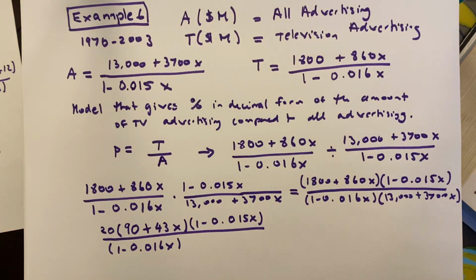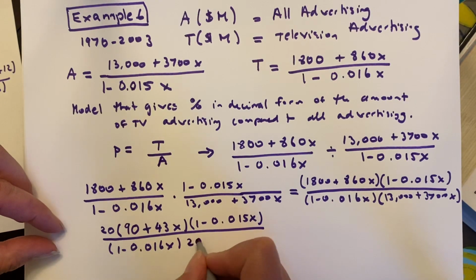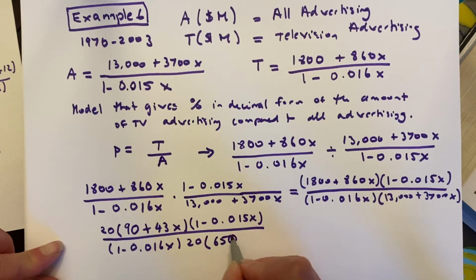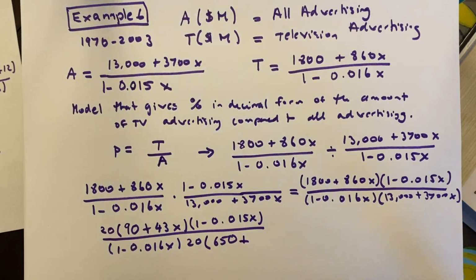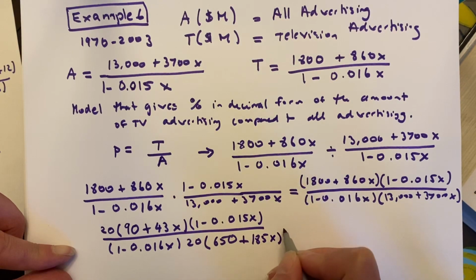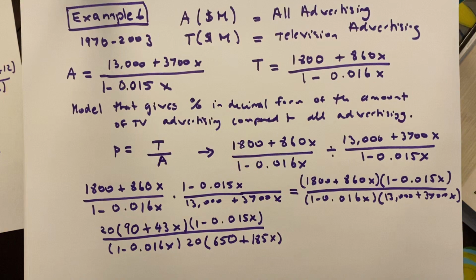When you do that, 13,000 divided by 20 is 650, and 3,700 divided by 20 gives us 185x. These 20s can now cancel here and here.